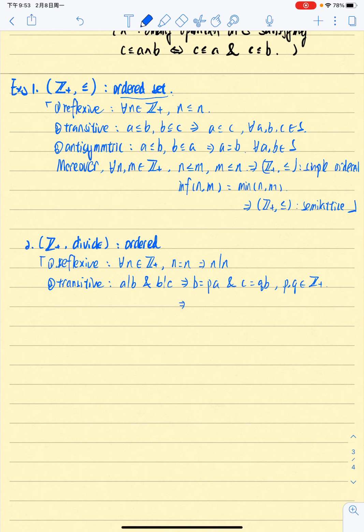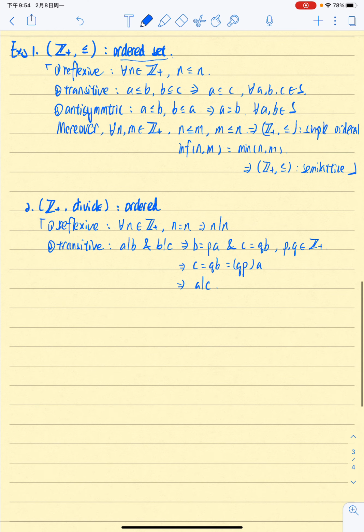Then let's see, C is equal to QB, and B is equal to PA, so C equals QPA. That means A can divide C. So transitive holds.